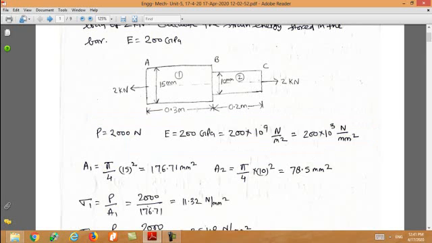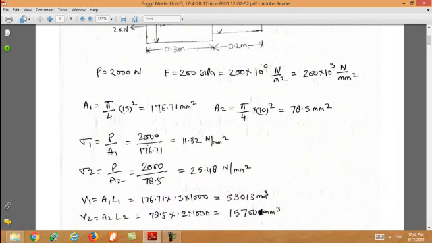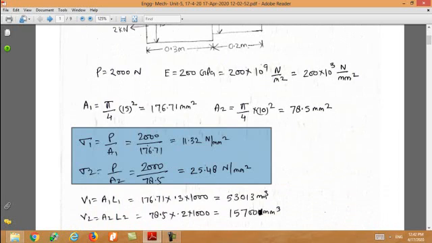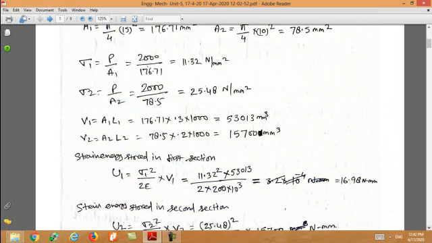Now calculate the area of each section, A1 and A2. Now calculate the stress for each section. You know the stress is load upon area, and the load is common for all sections. Calculate the volume of each section.